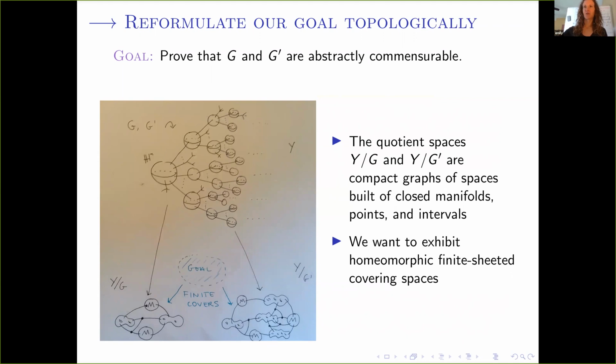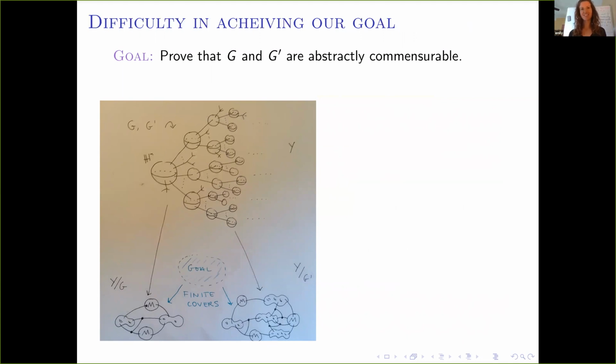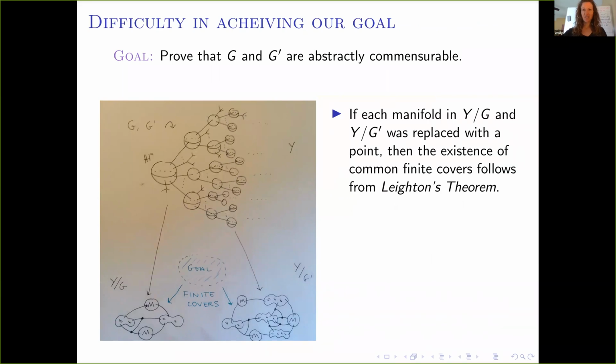Okay, so what is the difficulty in achieving this goal? There are sort of two opposing forces going on in this construction. On the one hand, suppose in these quotient spaces that every manifold was collapsed to a point.